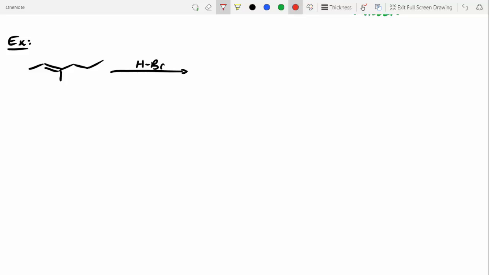For those of you that are stuck, what's the first step? Does anybody have a hint? Yeah, our nucleophile is going to attack our electrophile, kick off our bromine. Then we could draw two potential products.